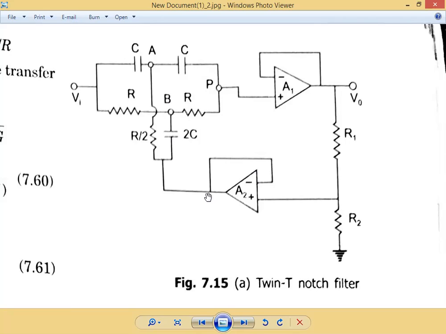KV naught minus VB into 2SC, which is equal to 0. This is at node B.